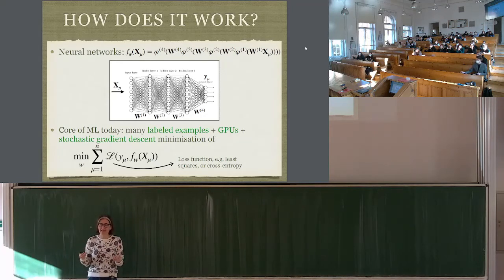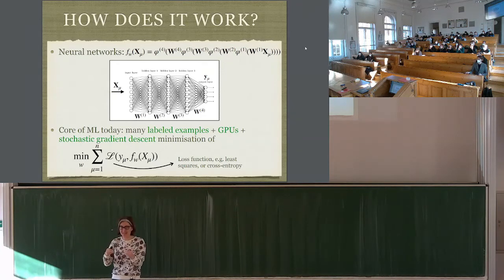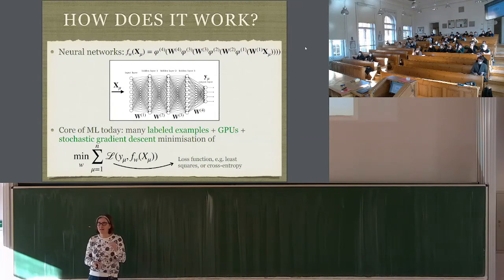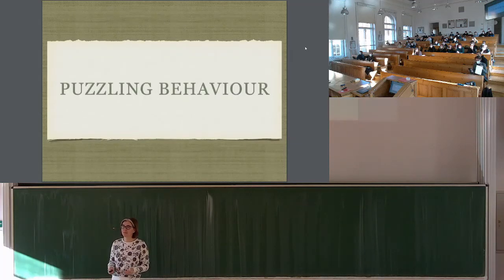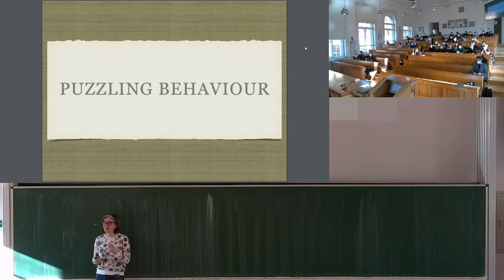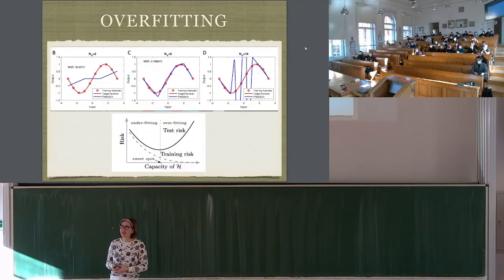But you do just that. You just descend against the direction of the gradient, and that sets the values of these parameters W. So it's really, really basic. That's it. And that does magic, and we don't really understand how it does so. So one of the puzzles that we don't understand about it is this picture.